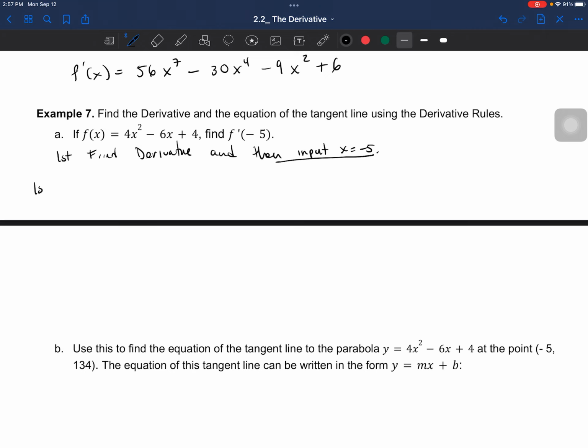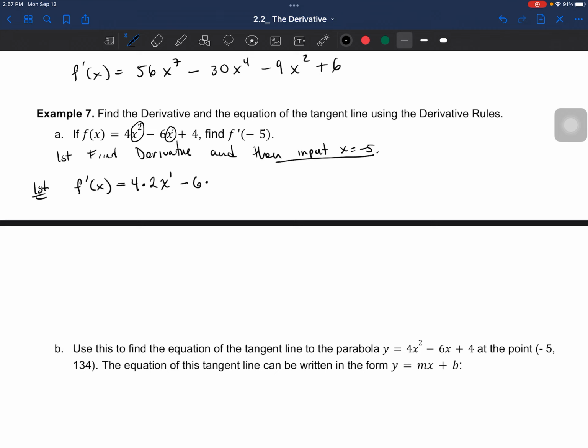So what I'm saying here is first let's do the derivative. We have 4 times the derivative of x squared. So we bring down the power 2 times x, and then subtract 1 from the power. That gives us 1. We usually don't write that power. And then minus 6 times the derivative of x.